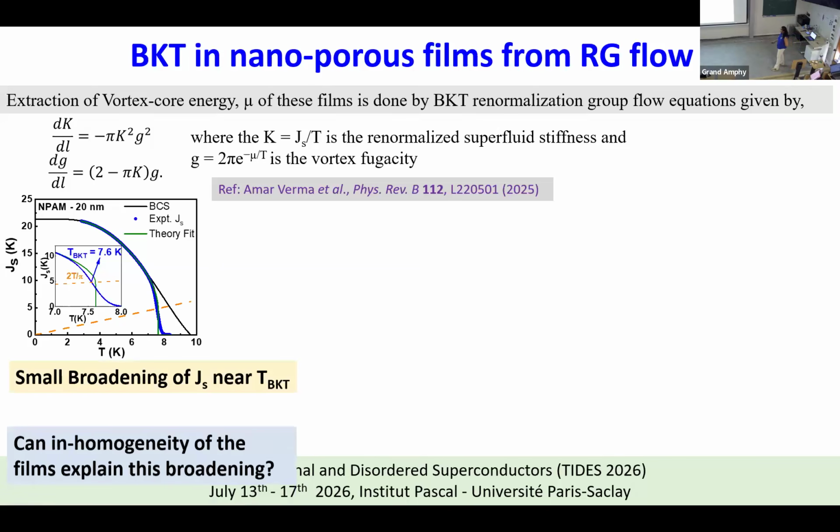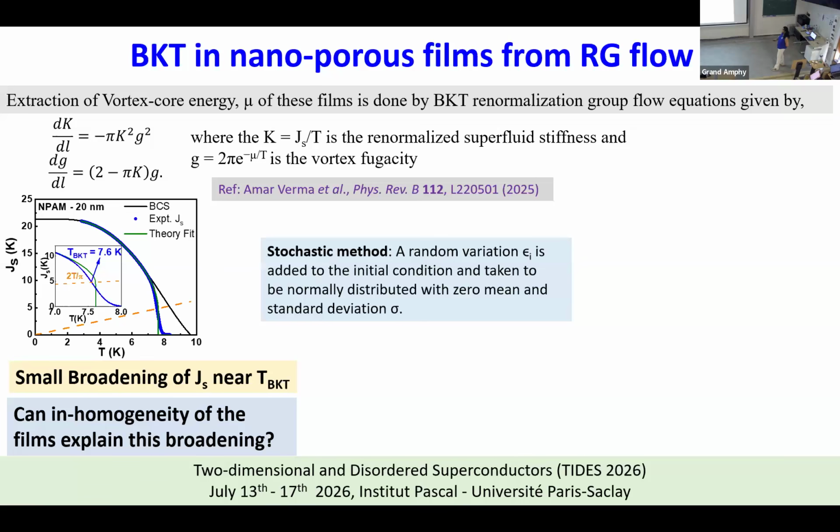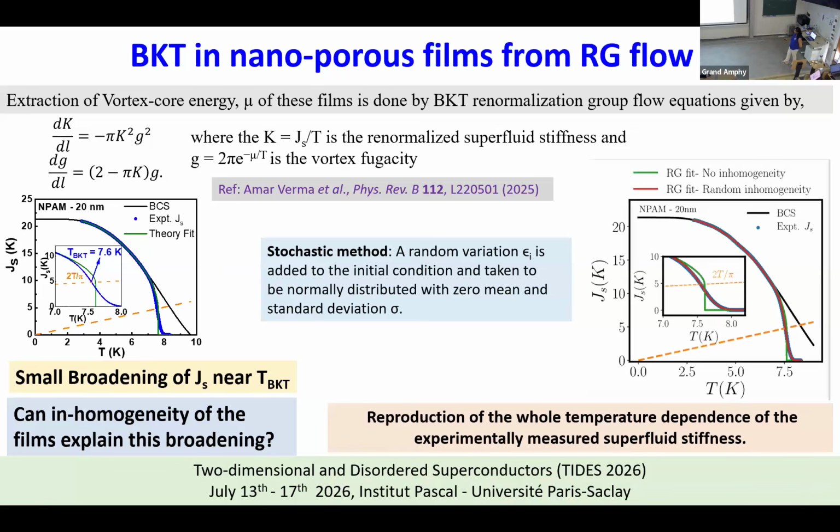So they incorporated the inhomogeneity in their calculations by a parameter epsilon, which had a standard deviation of sigma. When they used that, you can see in the inset that it reproduces our data quite well, including the inhomogeneity in the films.